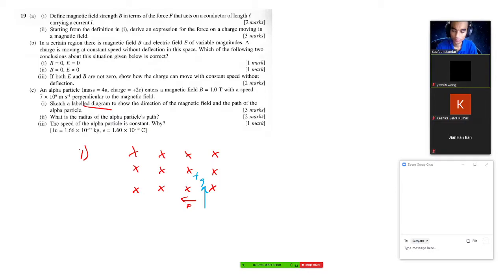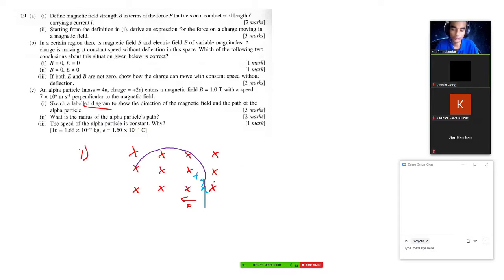Your index finger points into the screen, and the velocity of the Q is pointing up. So the force, your thumb, is showing to the left side. Because the force is pointing to the left, it will be deflected. It's not projectile motion, it's half circular motion.